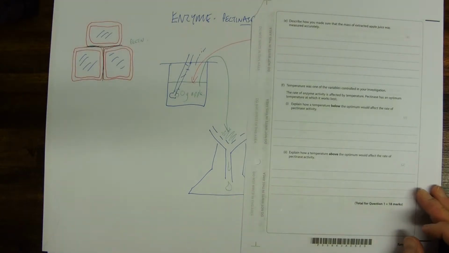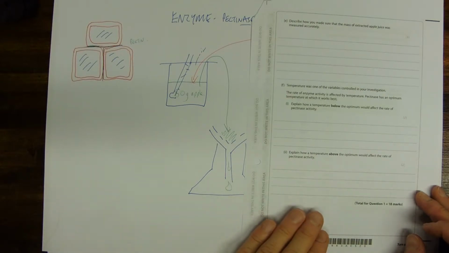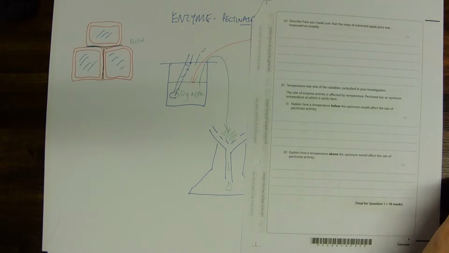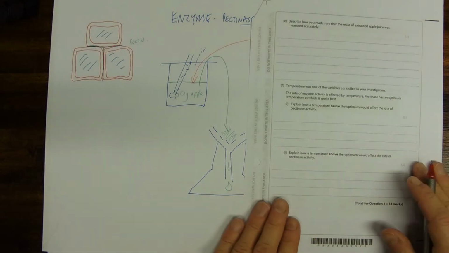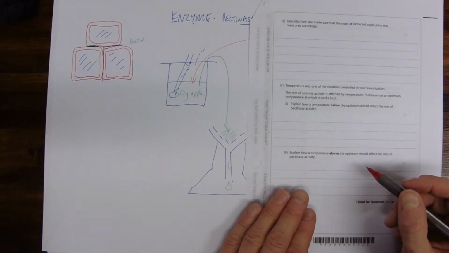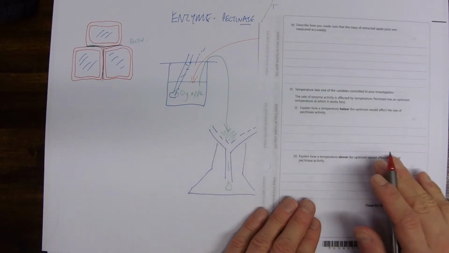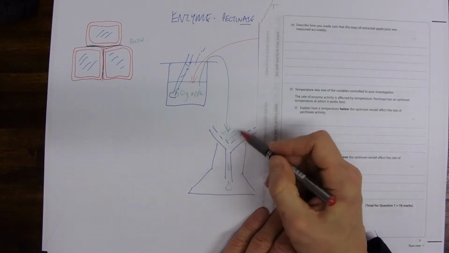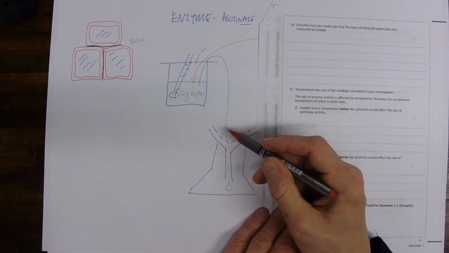Then we have E. Describe how you made sure that the mass of extracted apple was measured correctly. So this is really what you did to make sure you maybe start thinking about controlled variables between the different treatments. So things like, did you filter these for the same amount of time?